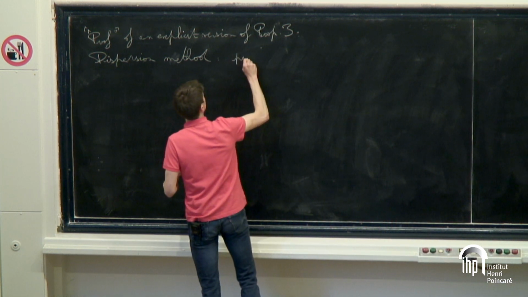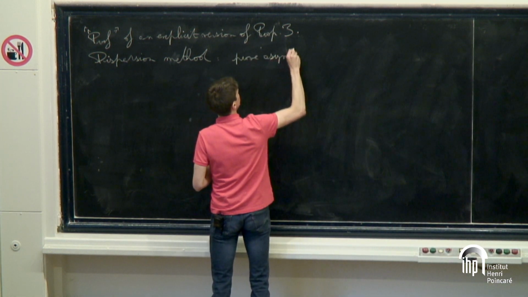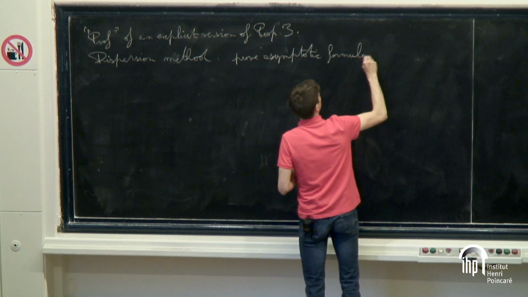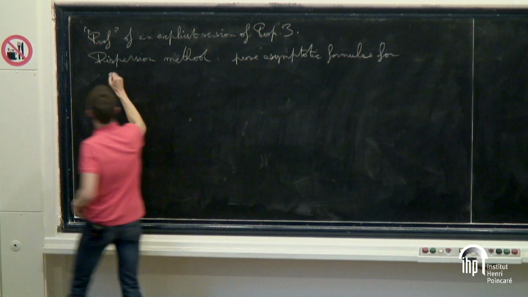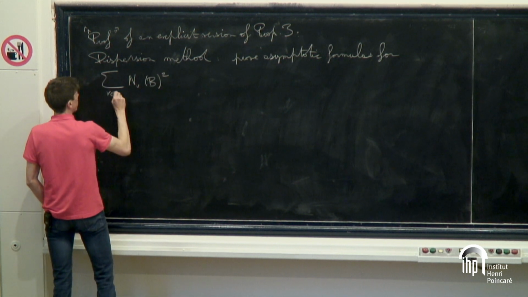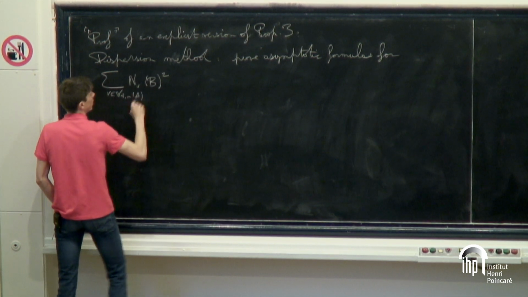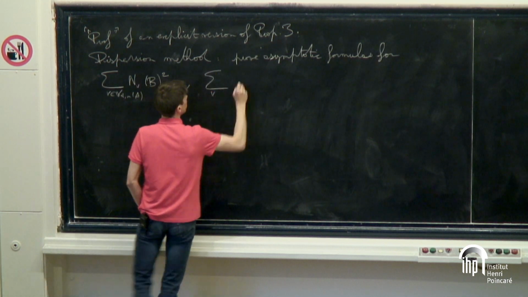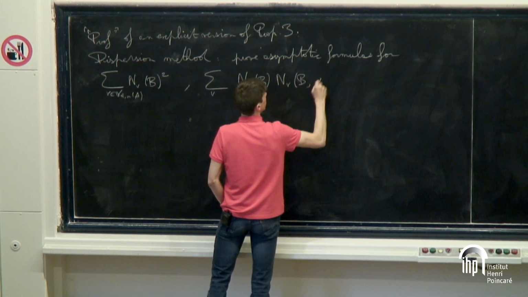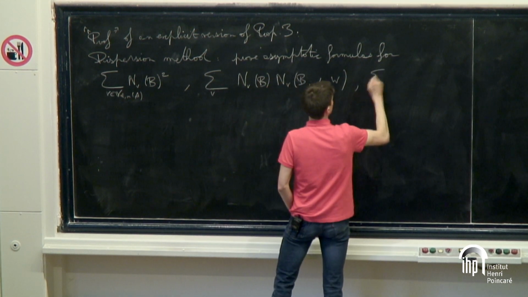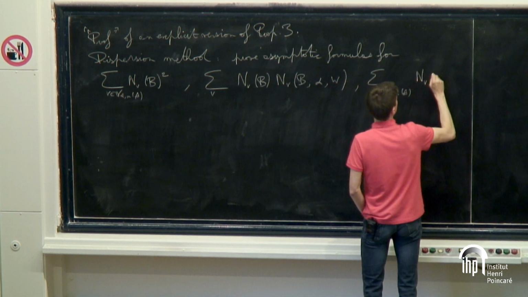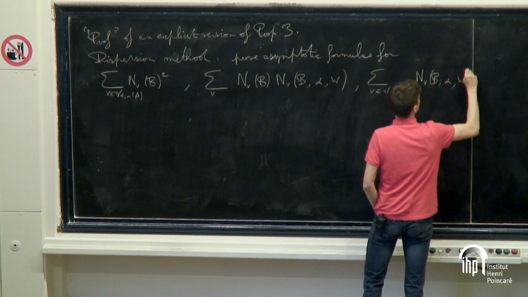Prove asymptotic formulas for the 3 terms. So the sum over V of NV of B squared, then the sum over V of NV of B and V of B alpha W, and the sum over V of NV of B alpha W squared.